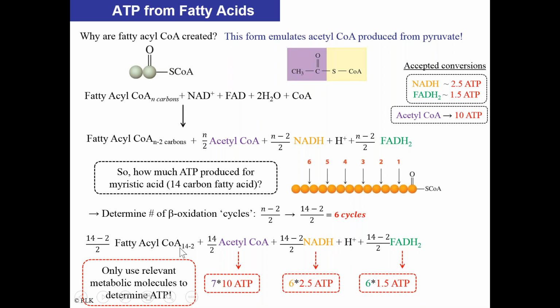Did I use the fatty acyl CoA? No, because really that's just what all this got broken down into. And again, you don't even have to use a plus sign here. You could just use a yield sign. Really, that would probably be more appropriate at this part. But you have your total, which is about 94 ATPs. Yes, fatty acids have a lot of energy, and the key is being able to tap into it.